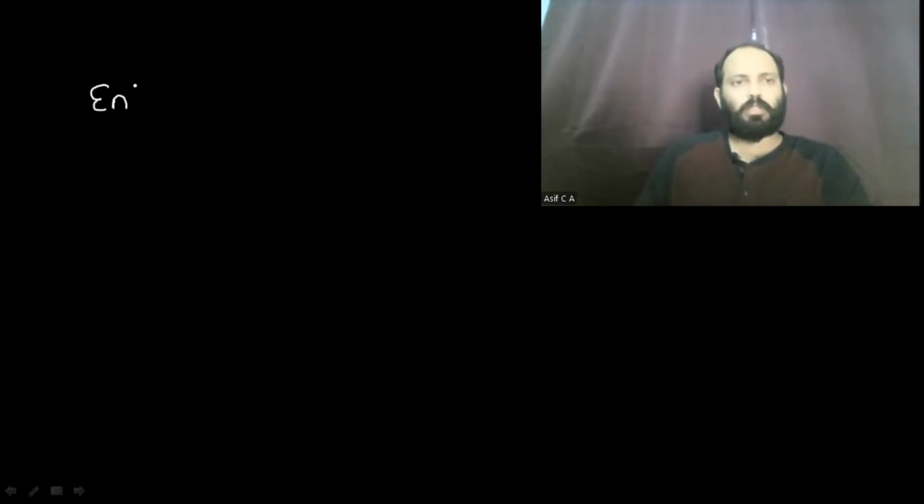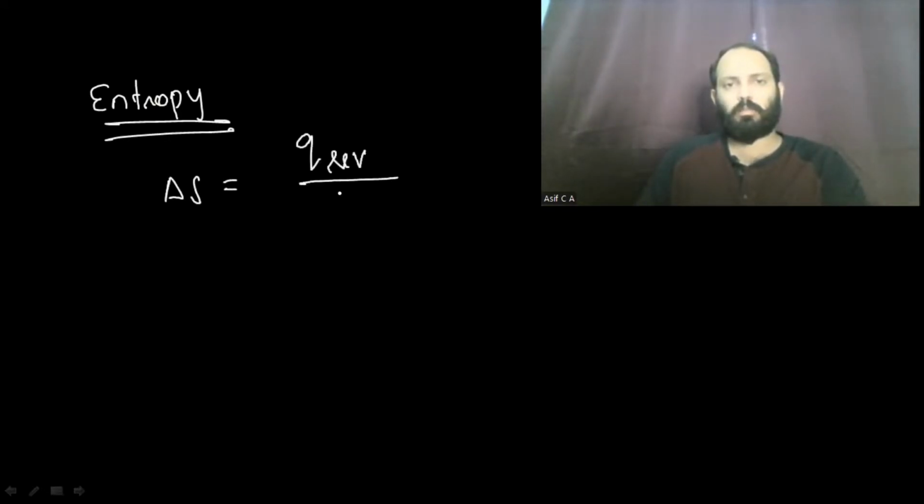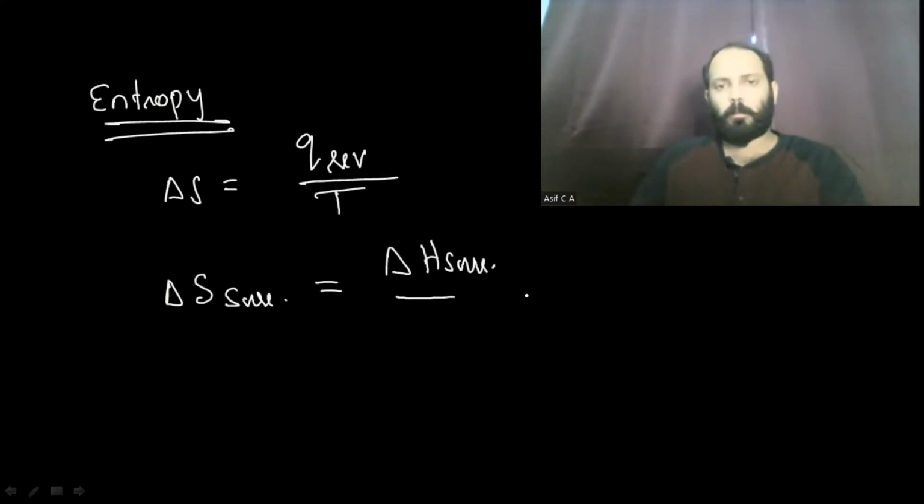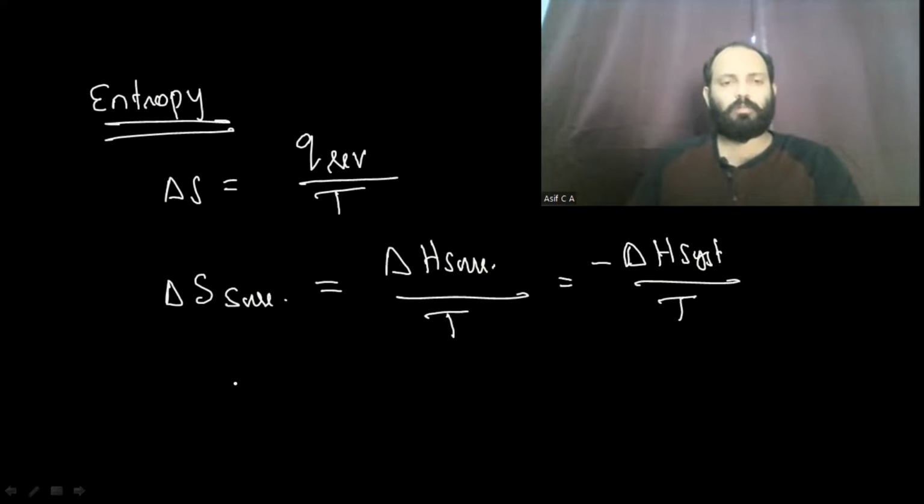Now we'll discuss about entropy. Entropy is a measure of disorder of the system. So equation can be written as delta S is equal to Q reversible by T. If you wanted to find out the delta S of surroundings, we can find it like delta H of surrounding by T. That is nothing but minus delta H of system by T. So for a reaction to be spontaneous, what is the condition of entropy?